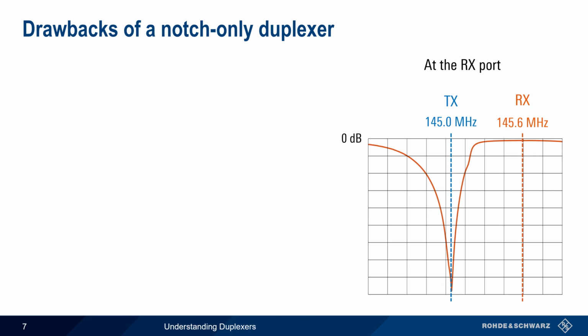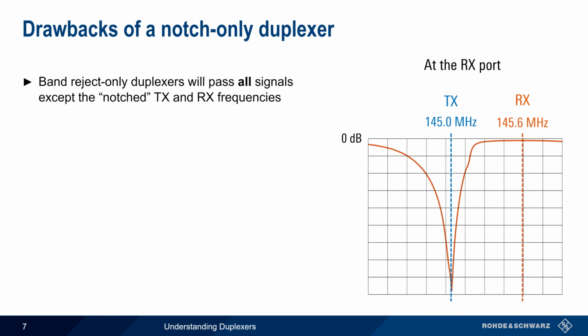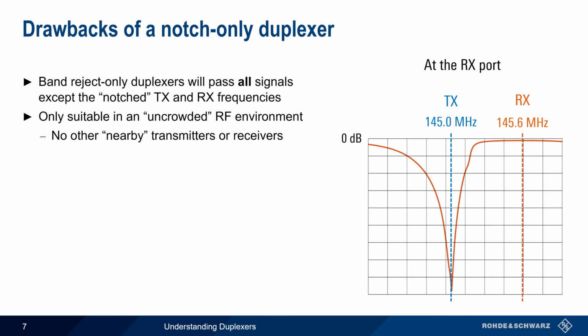There are, however, disadvantages to a duplexer built only from band reject filters, mostly due to the fact that these types of duplexers will pass all signals except for the notched transmit or receive frequencies. This is acceptable in a relatively uncrowded RF environment, where there are no other nearby transmitters or receivers.